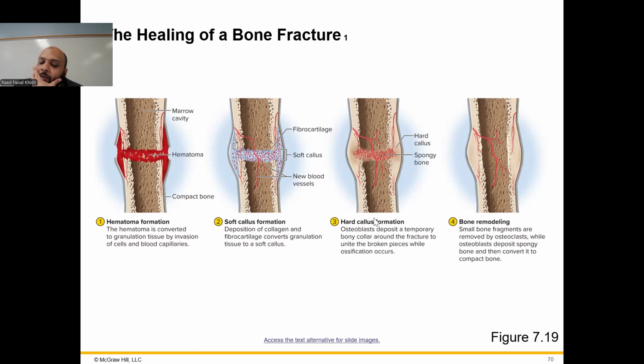In hard callus formation, osteoblasts deposit a temporary bone collar around the fracture to unite the broken pieces while the ossification occurs. And lastly, small bone fragments are removed by the osteoclasts in the remodeling, while osteoblasts deposit the spongy bone and convert it to compact bone.